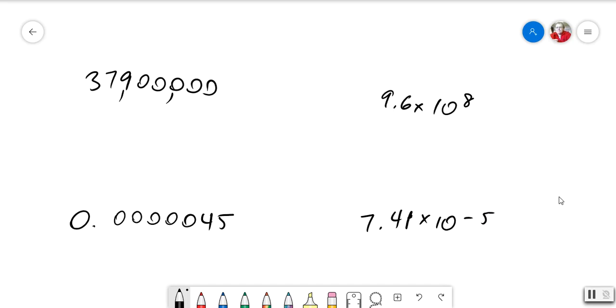Typical questions you will get are convert from standard to scientific notation.